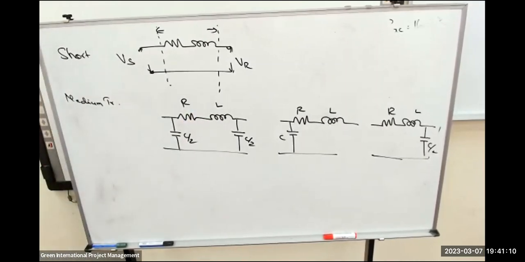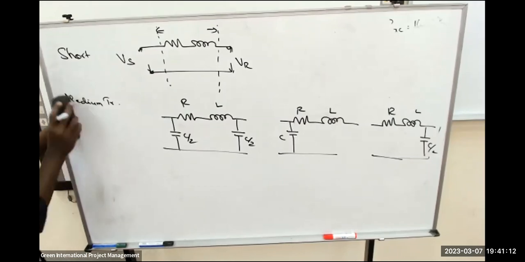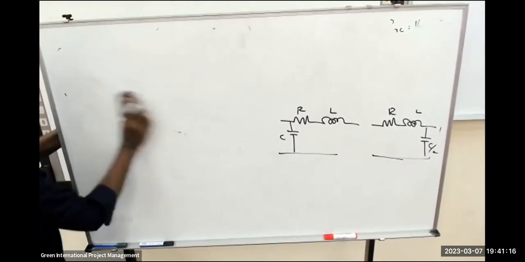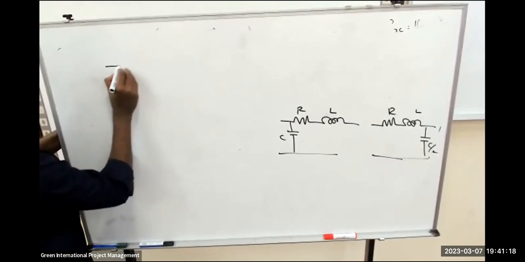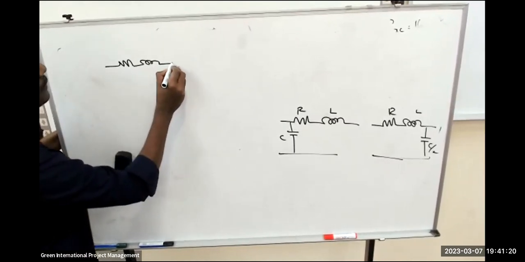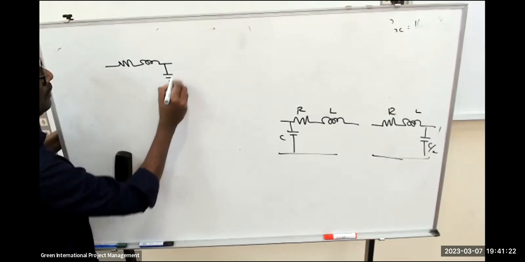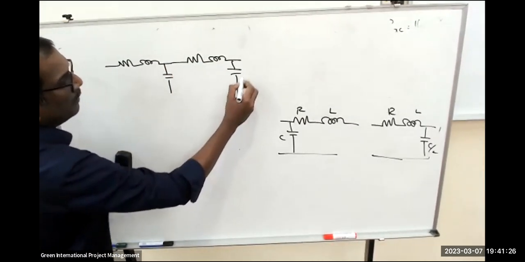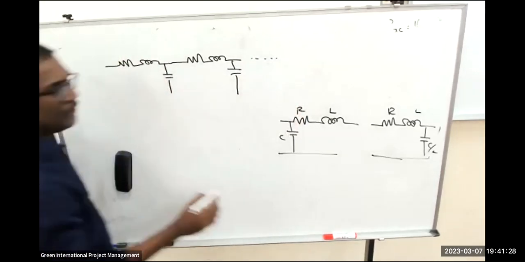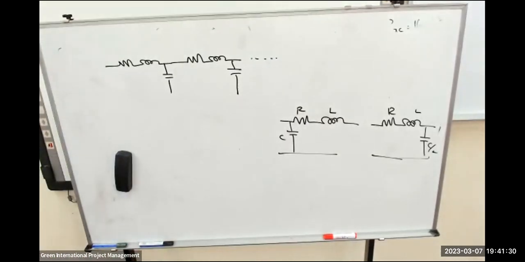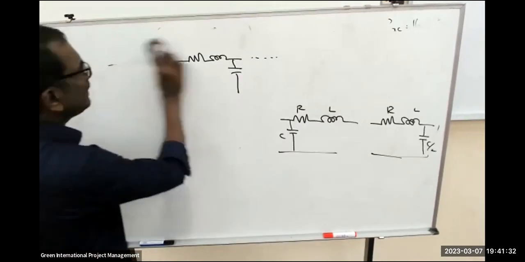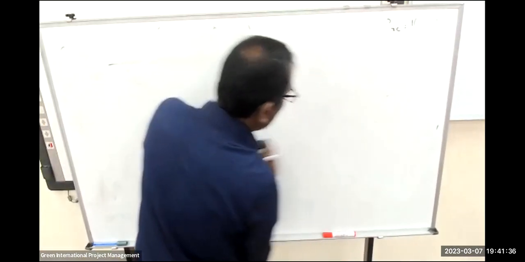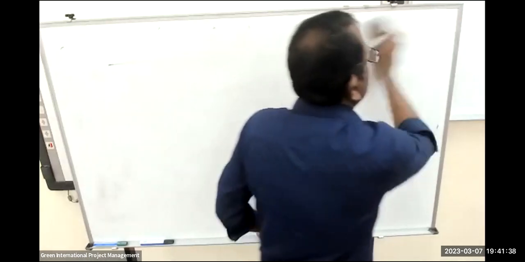For long transmission lines, we are not able to do that, so we call it a distributed system. By this way, we represent long transmission lines. Just for information, just remember 120: below 120, above 120.